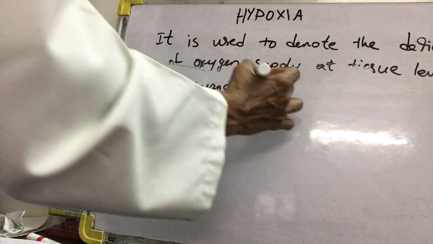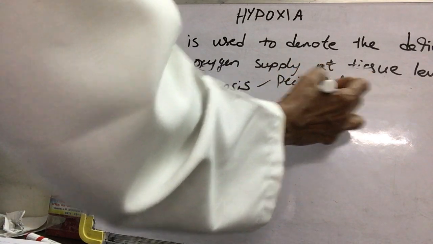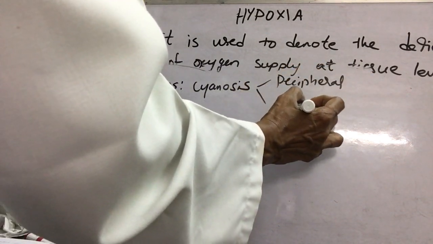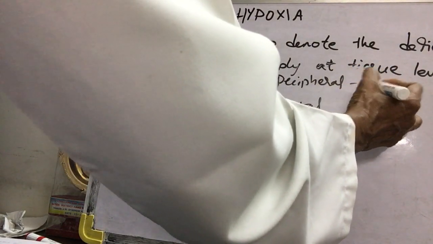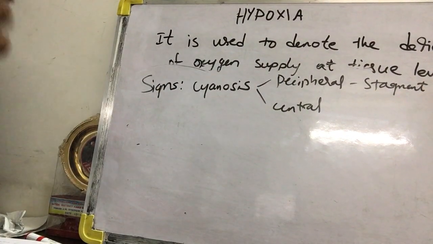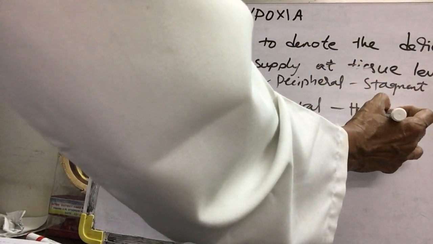Cyanosis can be peripheral or central. Usually peripheral cyanosis is seen in stagnant hypoxia. Central cyanosis is seen in hypoxic hypoxia.